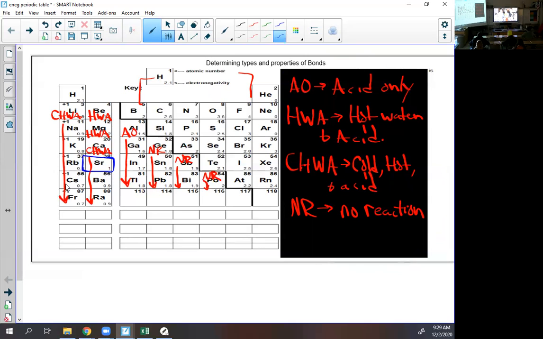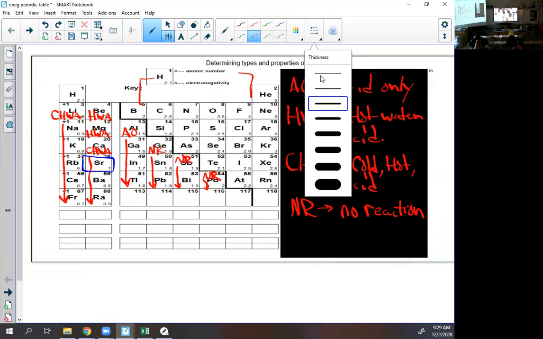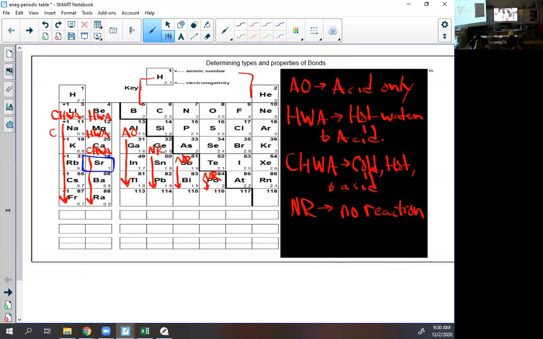You can put an arrow, or you can put CHWA in every single box in family 1. It does not matter to me. Everything in family 1 reacts with cold water, hot water, and acid. That's what CHWA means. It means it will react with all 3 of these things: cold water, hot water, and acid.